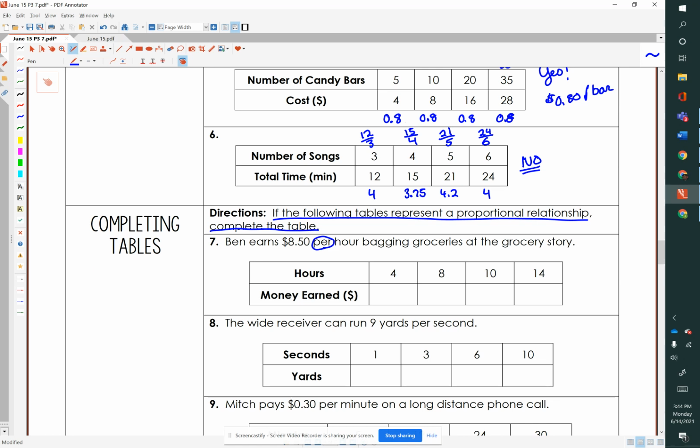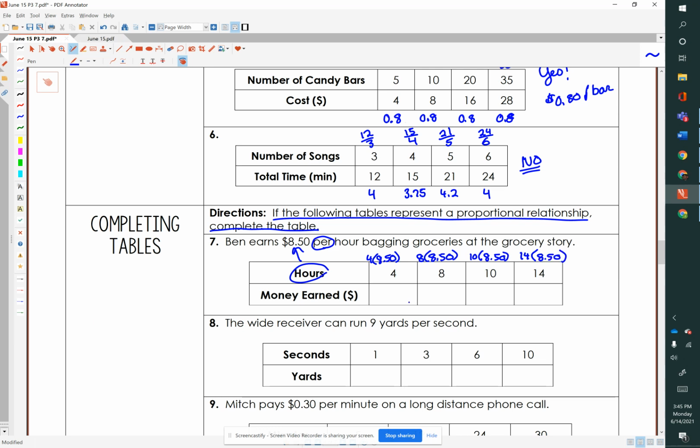So now we're just going to take the number of hours and multiply it by 8.50. So this would be 4 times $8.50, 8 times $8.50, 10 times $8.50, and 14 times $8.50.